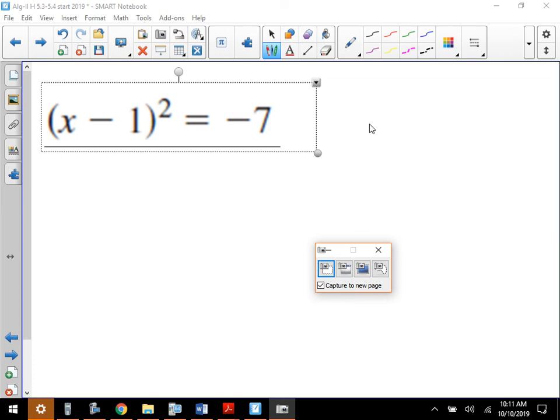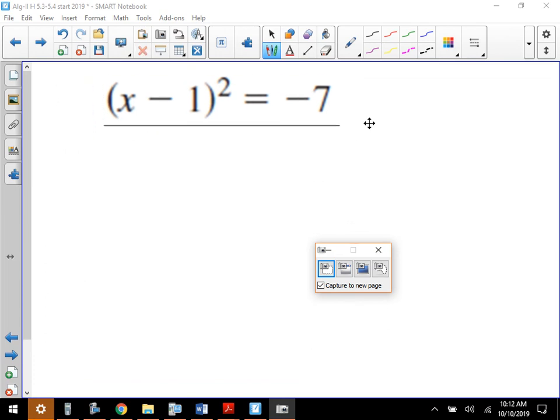What do you do now? Okay. Same idea here, guys. First thing we're going to do in this case, there's nothing out in front of the radical or in front of the parentheses. All I got to do is just square root it. So if I square root right away, I get x minus 1 is plus or minus square root of negative 7.